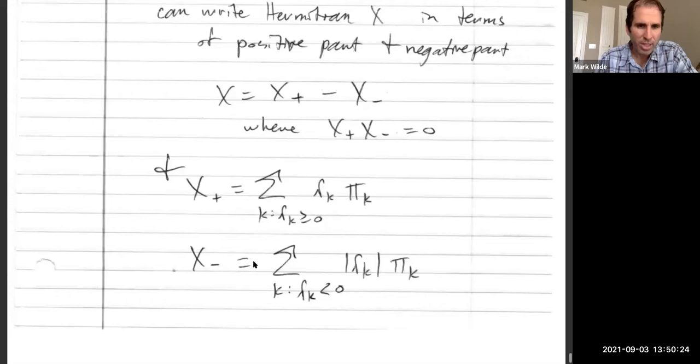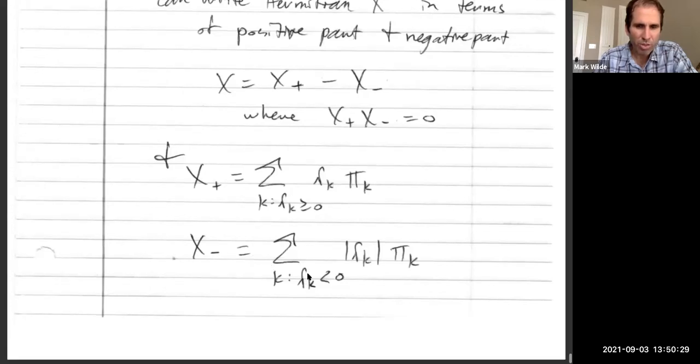Okay. Here, the negative part, you include all of the eigenvalues that are strictly negative, but then you take their absolute values. And that's why the resulting operator is positive semi-definite, and then you put the minus sign in front. So it's the convention to write it like this, the difference of the positive part and the negative part.